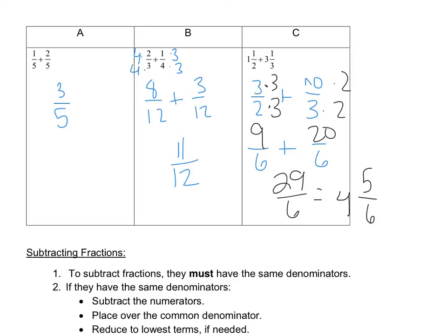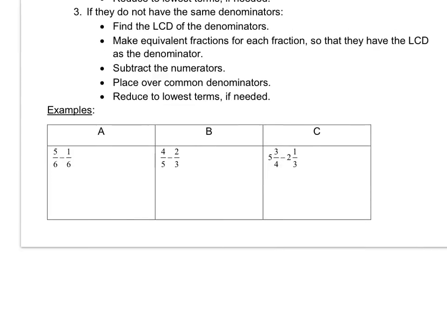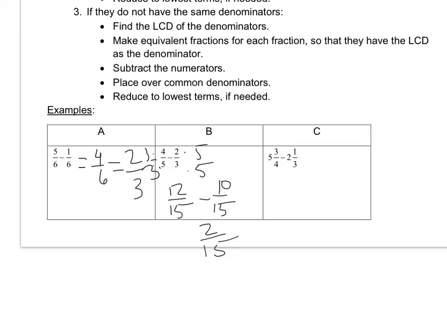Subtracting, same thing, guys. Hopefully we recall this, but same thing. So 5/6 minus 1/6 is 4/6, which is 2/3. 4/5 minus 2/3, well, multiply this one by 3, this one by 5, so you get 12/15 minus 10/15, so it's 2/15.